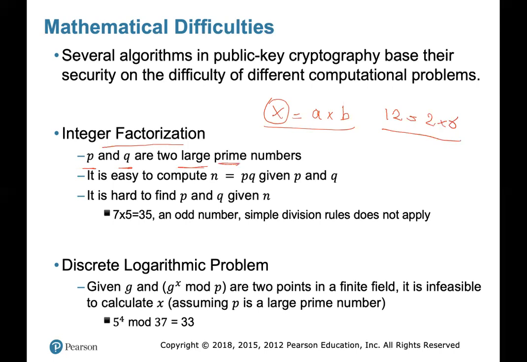Of course, all of you know what prime numbers are: numbers like 2, 3, 5, 7, and so on. These are numbers that are only divisible by 1 and themselves, nothing more. For example, 7 can only be divided by 1 and 7. There is no other divisor for 7. These are called prime numbers.